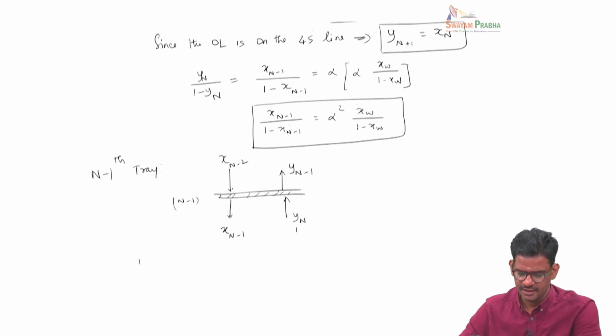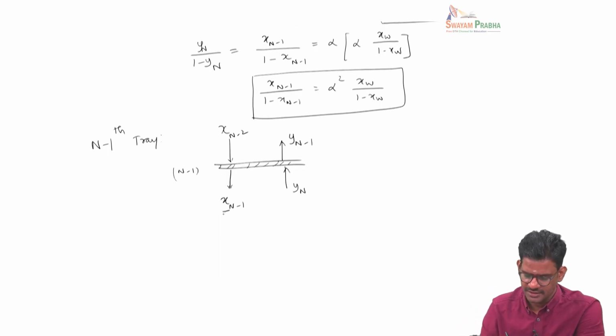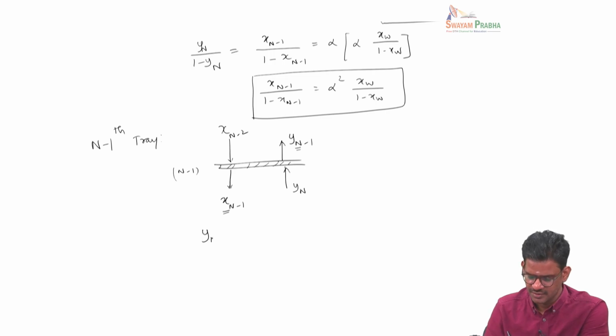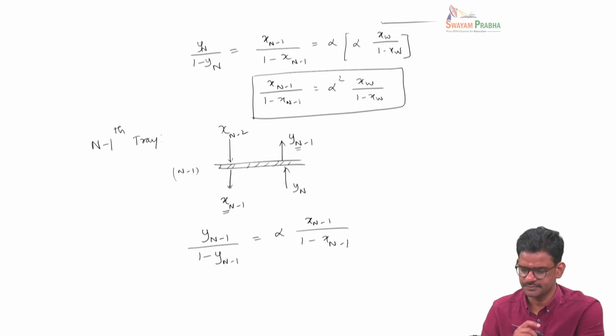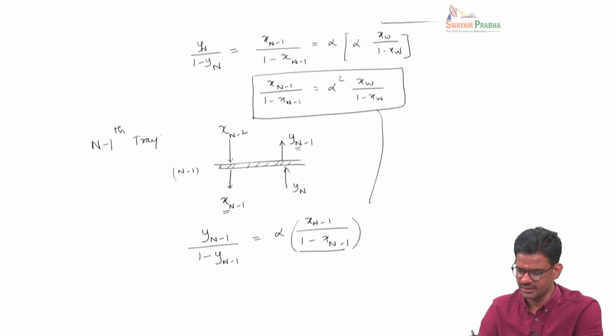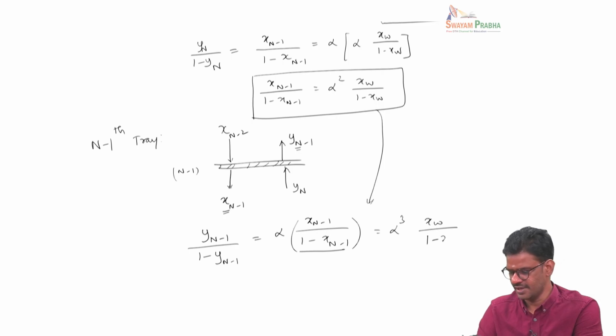So here again xn minus 1 and yn minus 1 are in equilibrium. So we can say that yn minus 1 by 1 minus yn minus 1 should be equal to alpha times xn minus 1 by 1 minus xn minus 1. And we know this value from here. So if I substitute, you will get alpha cube times xw by 1 minus xw.